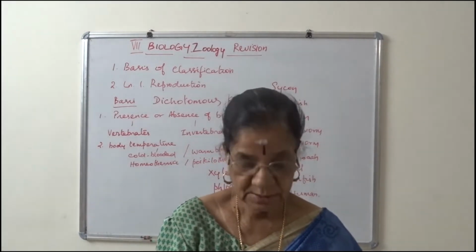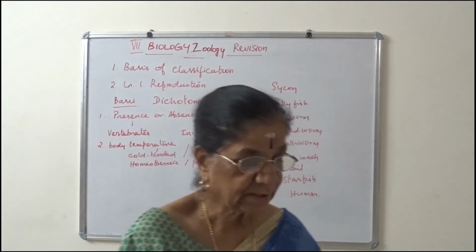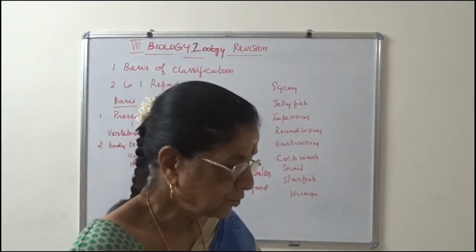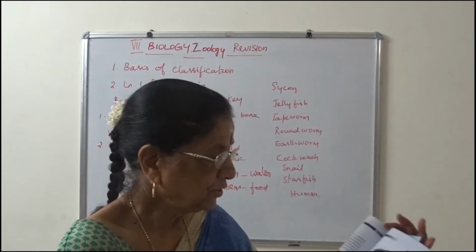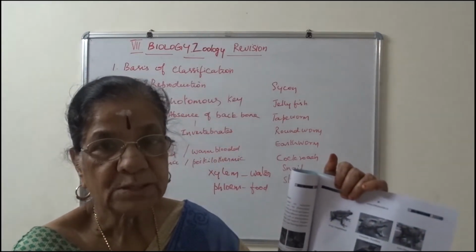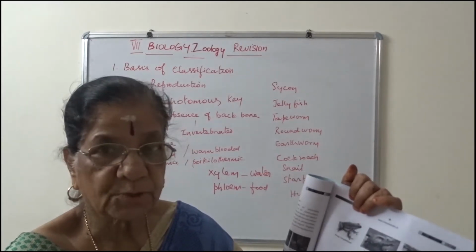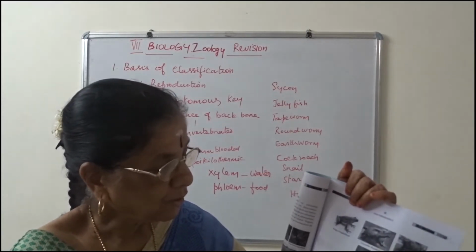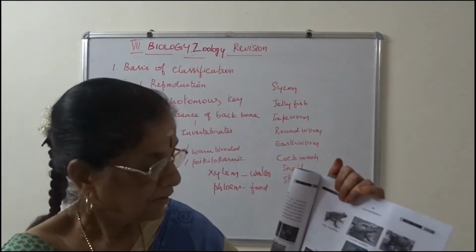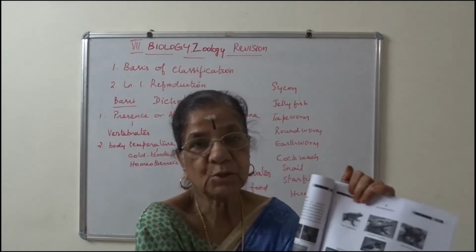This you will learn as characteristic features, given on page 82. Cell type means unicellular or multicellular. And then presence of nucleus. Then body organization. Mode of nutrition as autotroph and heterotroph.